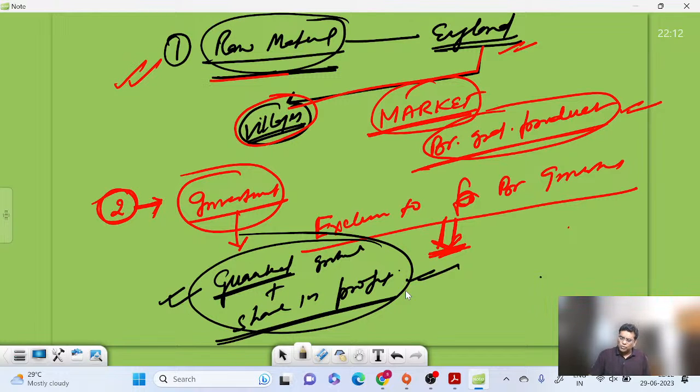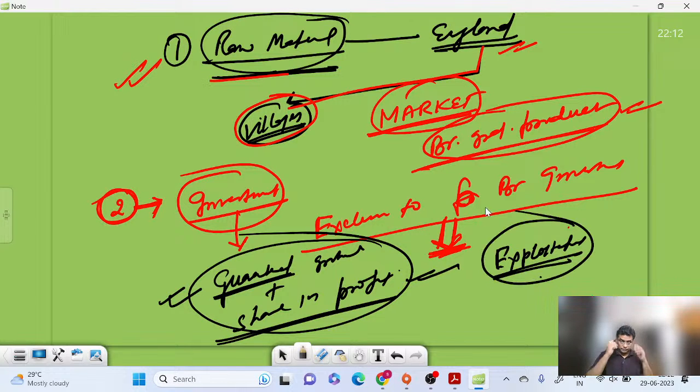So in both the ways, exploitation was very unique. Railway had done tremendous damage to the economic system of India.